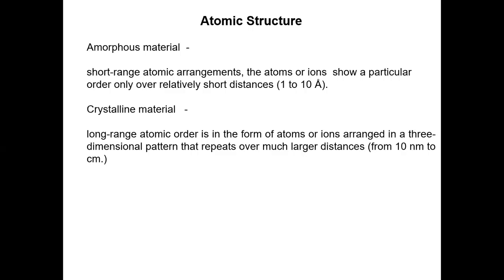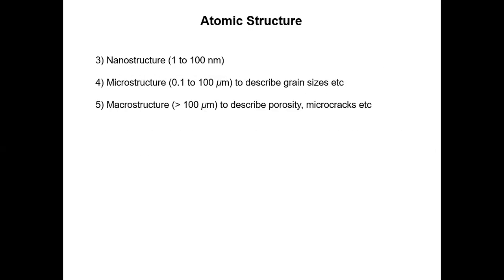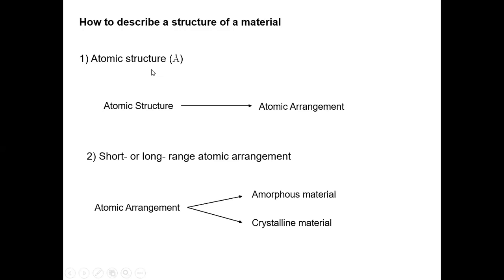Okay, so this is one way of describing the structure of a material. We can say it is an amorphous material or a crystalline material based on its way of atomic arrangement. So the third one, we talk about atomic structure. In an atom, there are electrons, protons, neutrons.